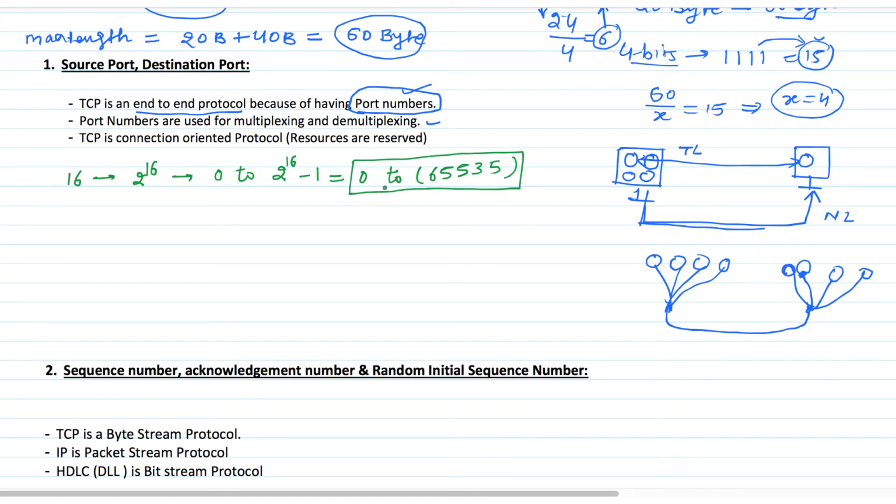This range 0 to 65535 is divided into three categories. The first, 0 to 1023, are known as well-known ports, 1024 to 49151 are known as reserved ports, and 49152 to 65535 are known as dynamic ports.